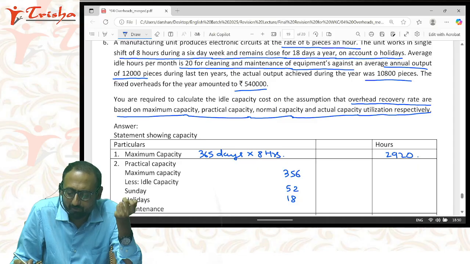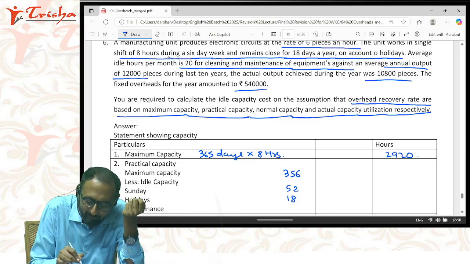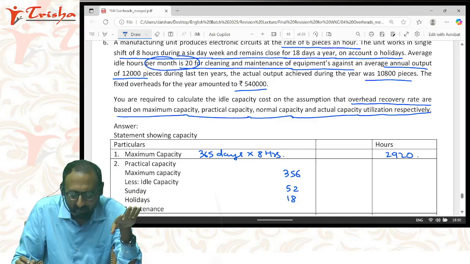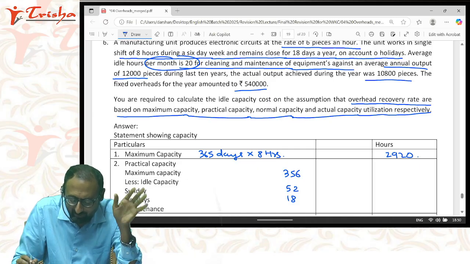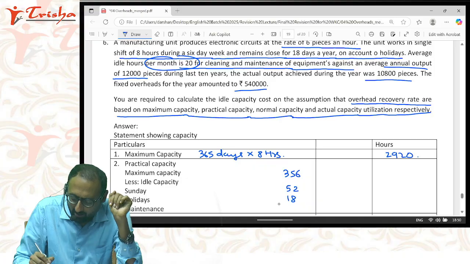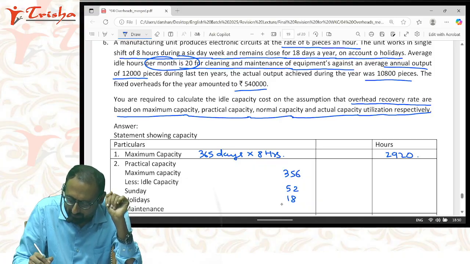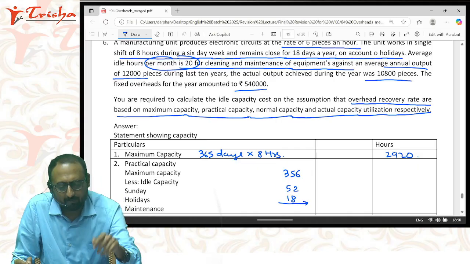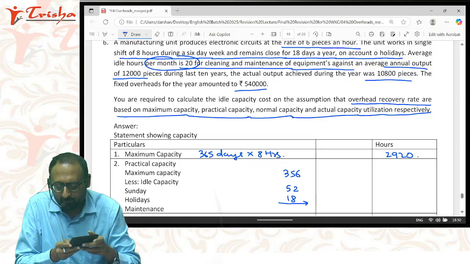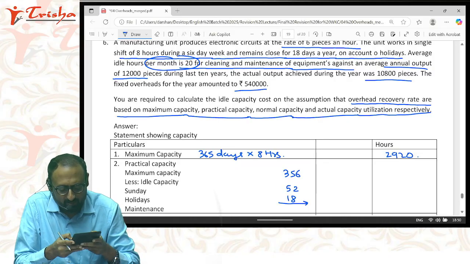Next, average idle hours per month. I will discuss that later. How many working days are there? Please tell me. 365 minus 52 minus 18.